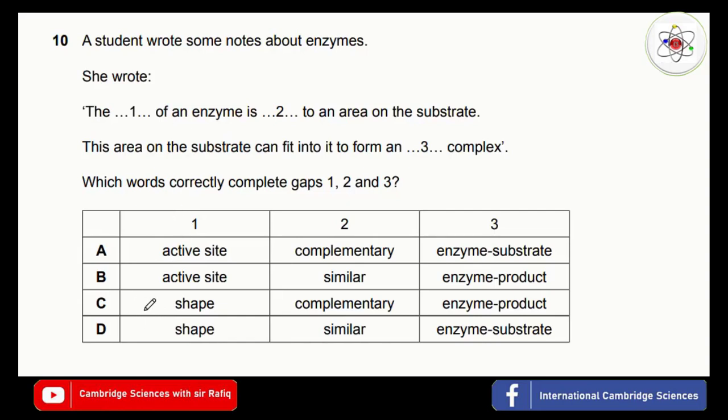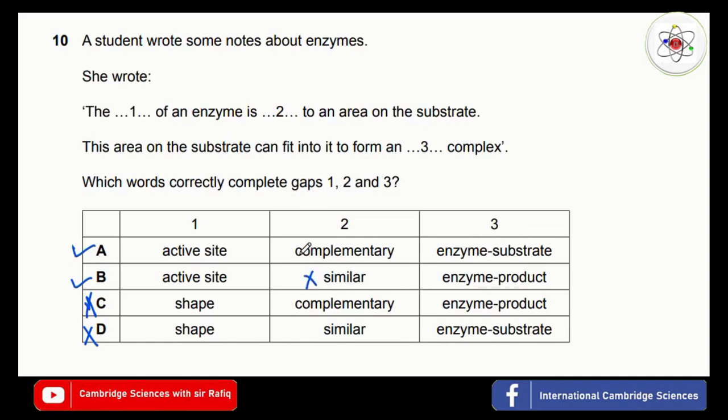Basically this has nothing to do with shapes, so C and D cannot be our correct options. So active site, either A or B would be our final option. The active site of an enzyme is similar.